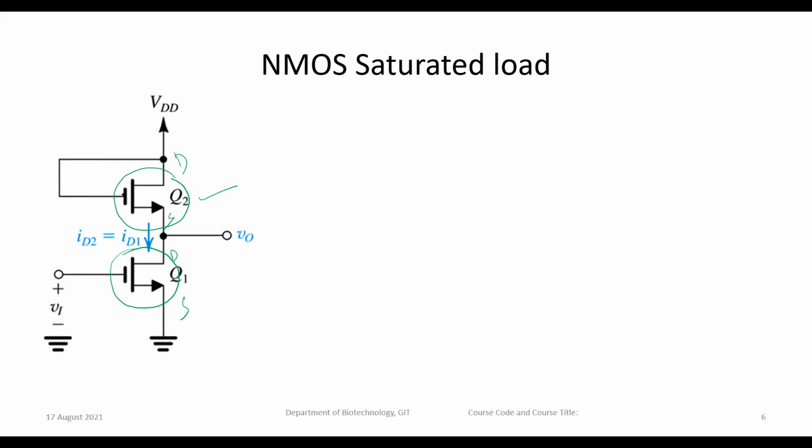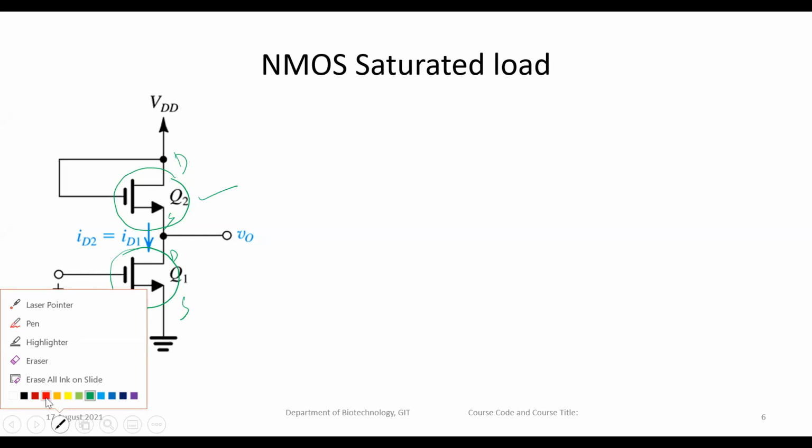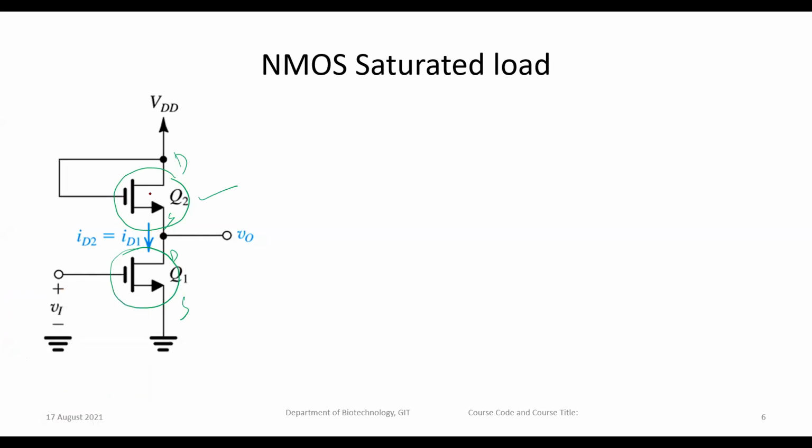Got my point or not? What it means is, by making the connection like this, this is the gate of the load. This is the load. So in place of the load resistor, I am using one NMOS transistor, which is operated in the saturation mode. To operate in the saturation mode, the gate of the Q2 transistor should be connected back to the drain, and both are connected to the same supply.